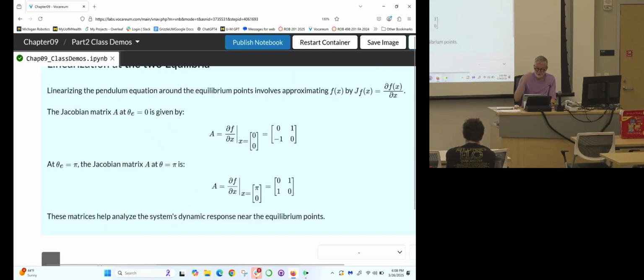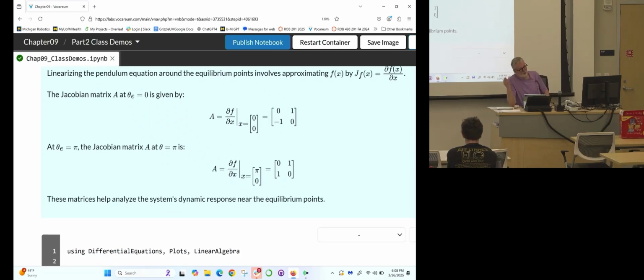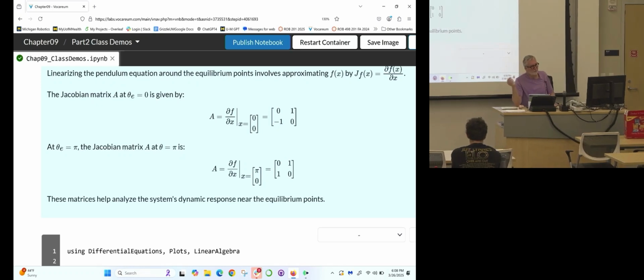We calculate the Jacobian and we get this matrix that we've seen before: 0, 1, minus 1, 0. The exponential of that times t was cosine t, sine t, minus sine t, cosine t.